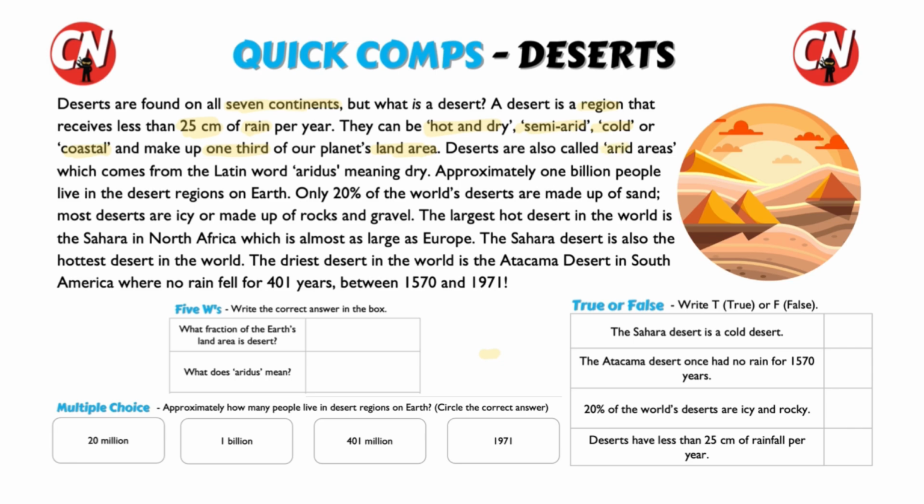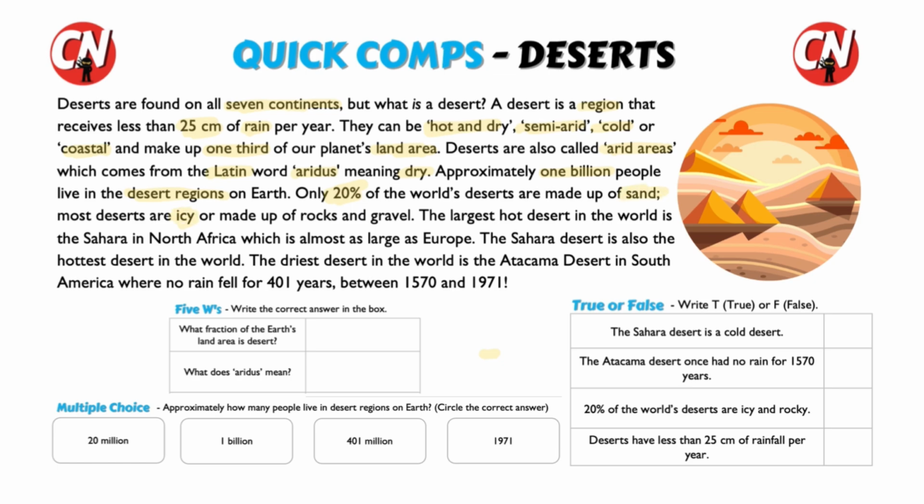Deserts are also called arid areas, which come from the Latin, it's a name, word aridus, meaning dry. Approximately 1 billion, that's a number, people live in the desert regions on Earth. I'm going to highlight desert regions. Only 20% of the world's deserts are made up of sand. That is a noun.